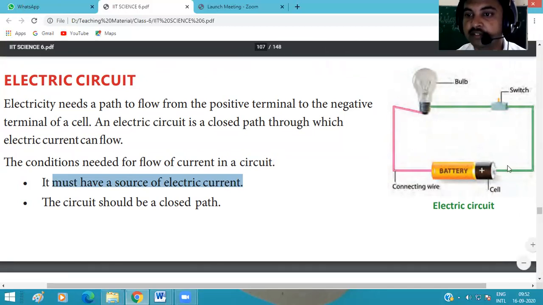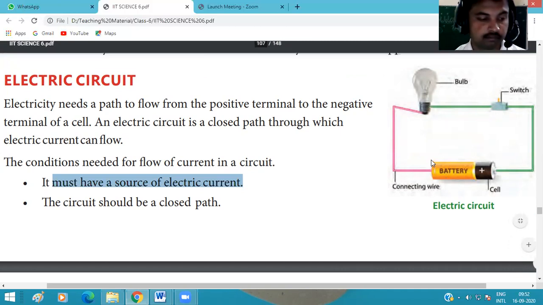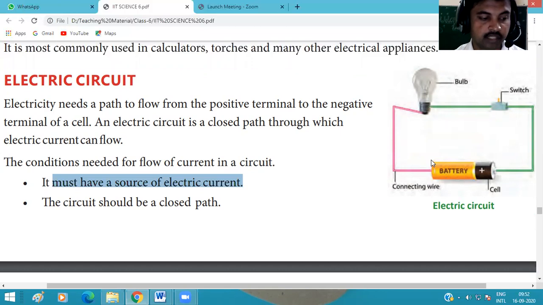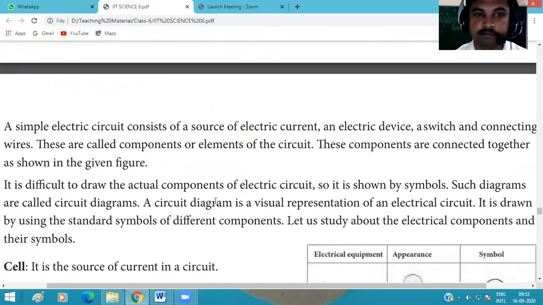So in our circuit, we use a cell for the electricity flow. And another condition is that the circuit should be a closed path. Yes, we discussed the circuit is always closed when electricity flows.